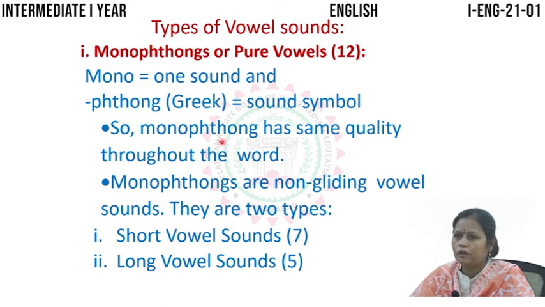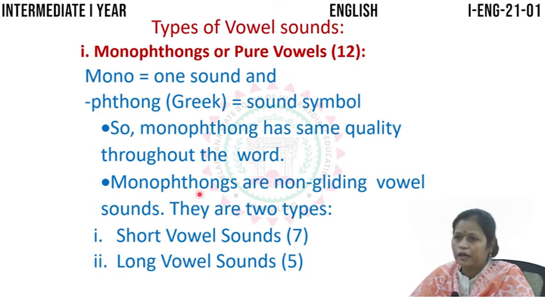So what is a monophthong now? A monophthong is one single sound, which is represented by a symbol, and this has the same quality throughout the word. So there is no variation when we pronounce monophthongs.